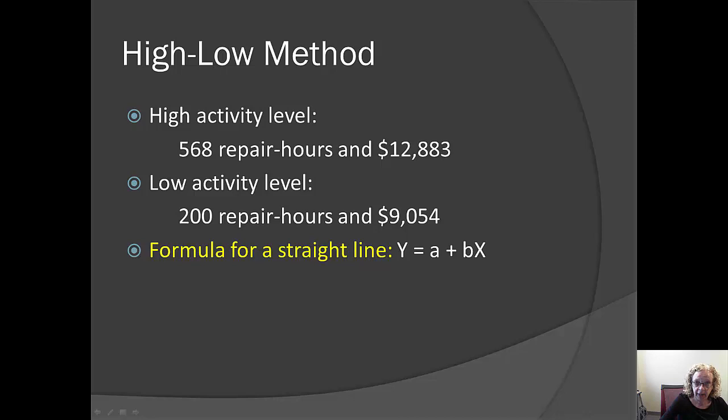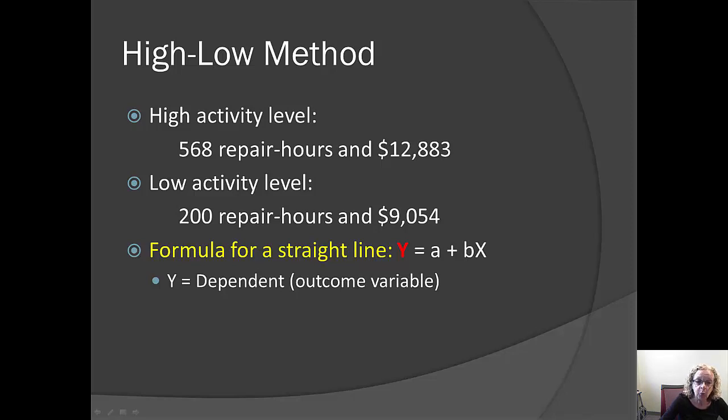If you remember from algebra, the formula for a straight line is y equals a plus bx. Let's take a closer look at that formula. Y is what's called the dependent variable or the outcome variable.